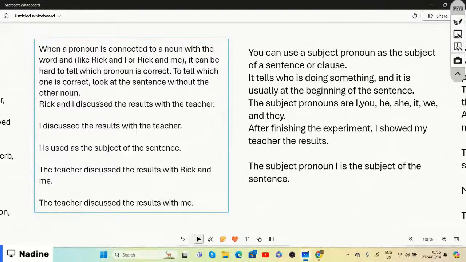To tell which pronoun is correct, we need to look at the sentence without the other noun. So if two of them are being given to us, one being the noun and the other the pronoun, we need to see if we were to remove one of those, which one it would be. Are we specifically mentioning the subject pronoun, or are we putting emphasis on the object pronoun?